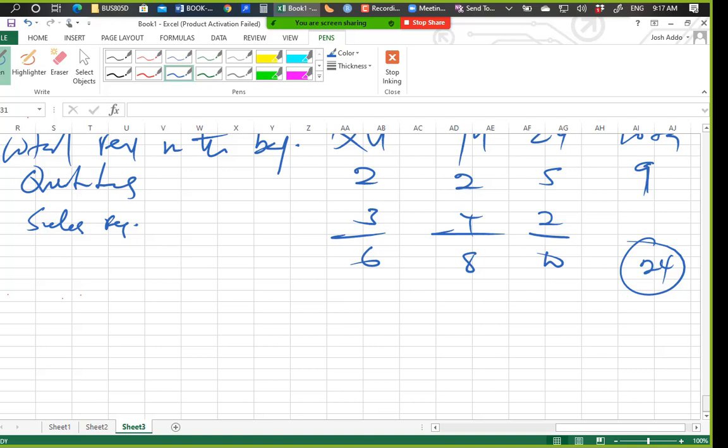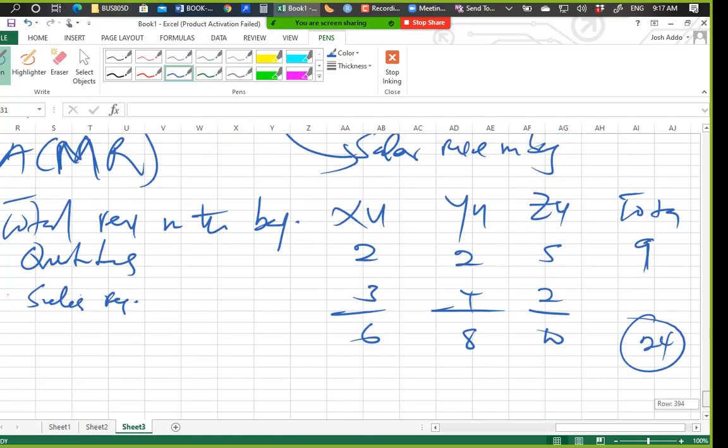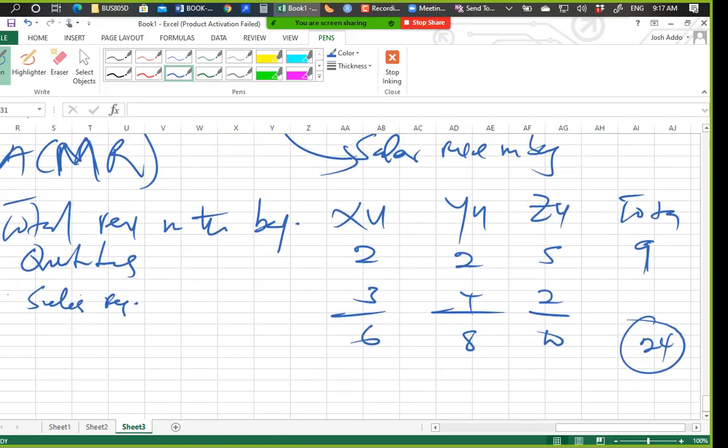So we are calculating the sales revenue that goes into the bag, because the formula of weighted average contribution to sales ratio is contribution of the bag, and all of us can calculate contribution of the bag. It's contribution of the individual products multiplied by each unit the product is taken to the bag. That gives you the total. If you sum them, that gives you the total contribution for the bag.